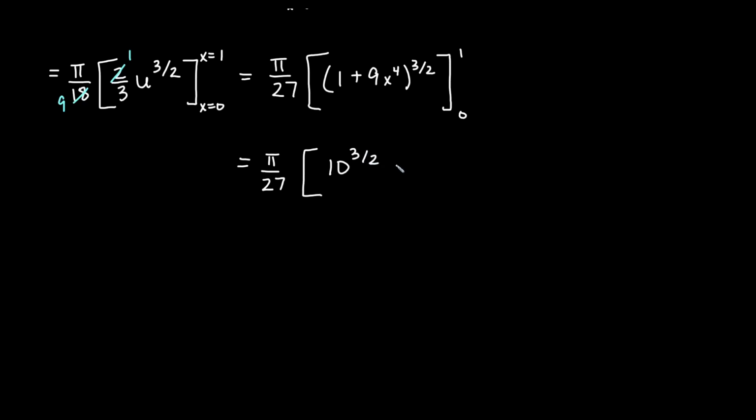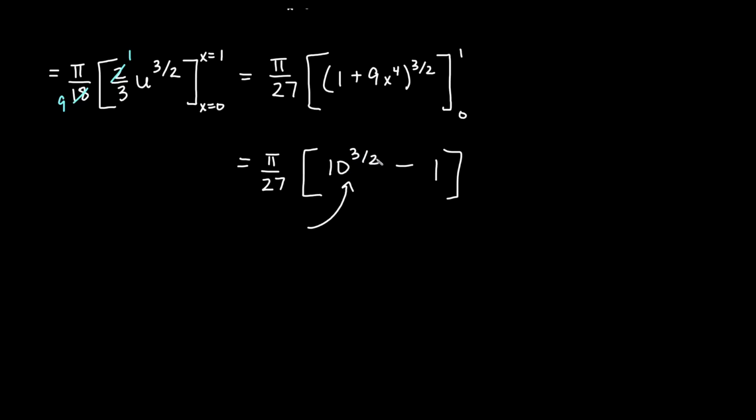Be careful here. When I plug in 0, I don't just get nothing. I get 0 for this term, but I have 1 plus that term. So this is actually 1 to the 3 halves. Any power of 1 is just going to give us 1. And then I may want to rewrite this 10 to the 3 halves term. Remember, the half power is going to be the square root, and then to the 3rd would mean cubed.